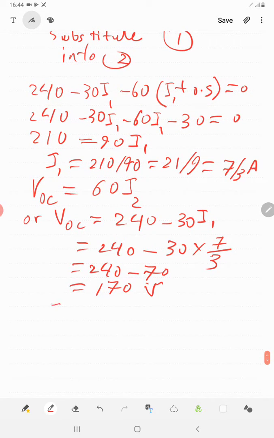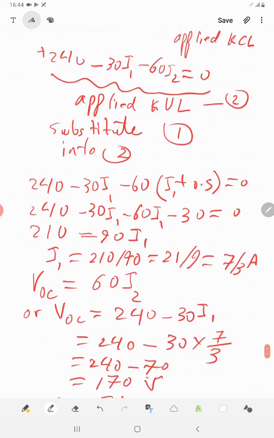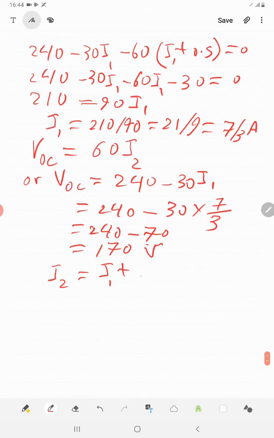If you want I2, you can calculate I2, which is I1 plus what? 0.5 from equation 1. So it's 7 over 3 plus half, which gives you 14 plus 3 over 6, right?